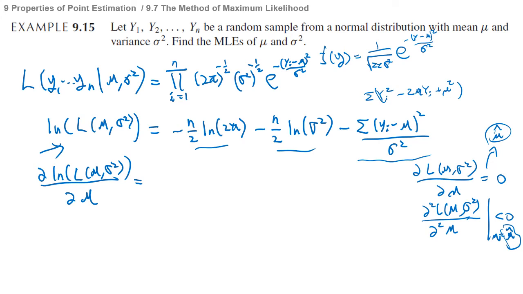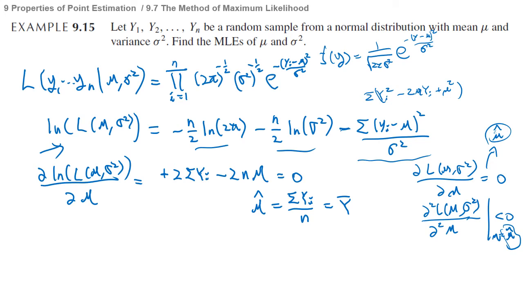If you differentiate with respect to mu, then since we have a minus, it is plus 2 sum of yi minus 2 n mu. And if you set this to 0 and solve for mu, then mu hat is the sum of yi divided by n, so this is y bar.